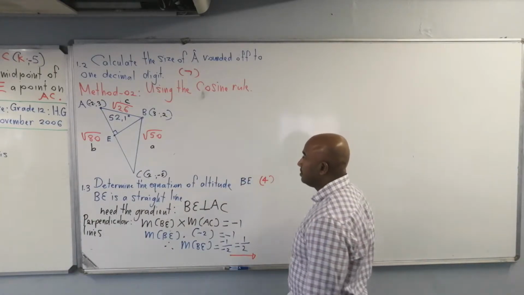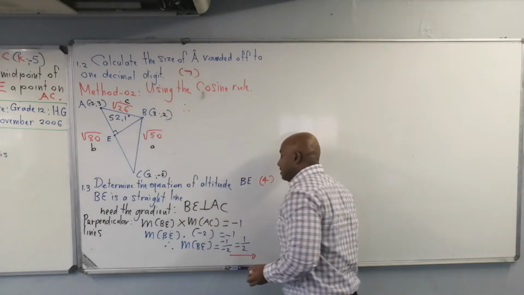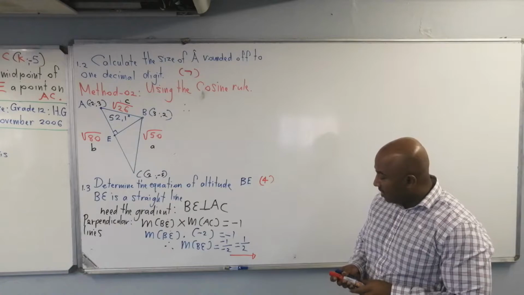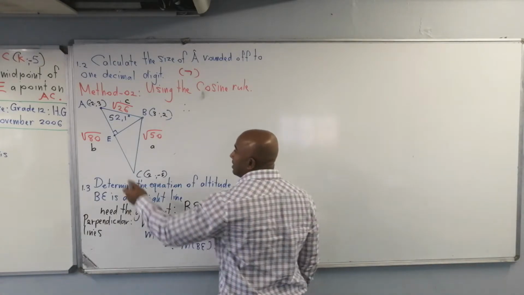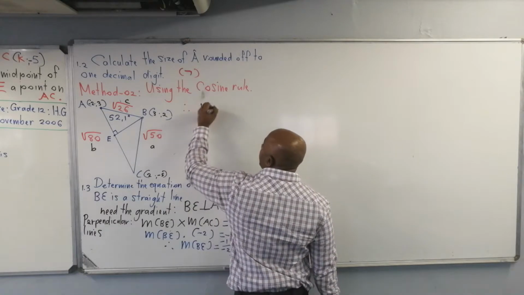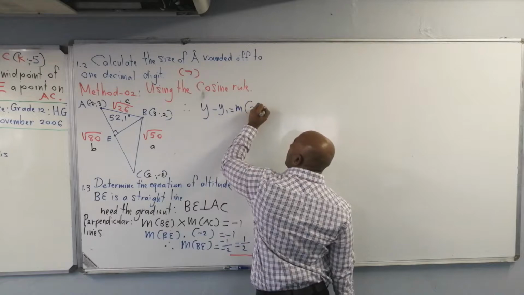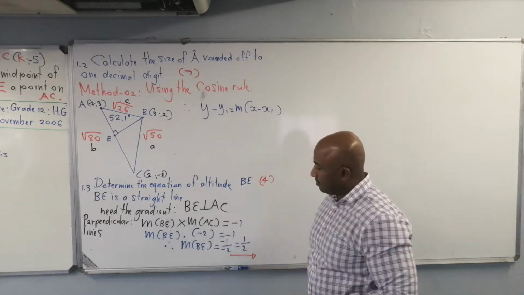Right, so therefore, I'm going to use the equation of the straight line in point gradient form. I want the equation, remember. So I'm going to go y minus y1 is equal to m into x minus x1.